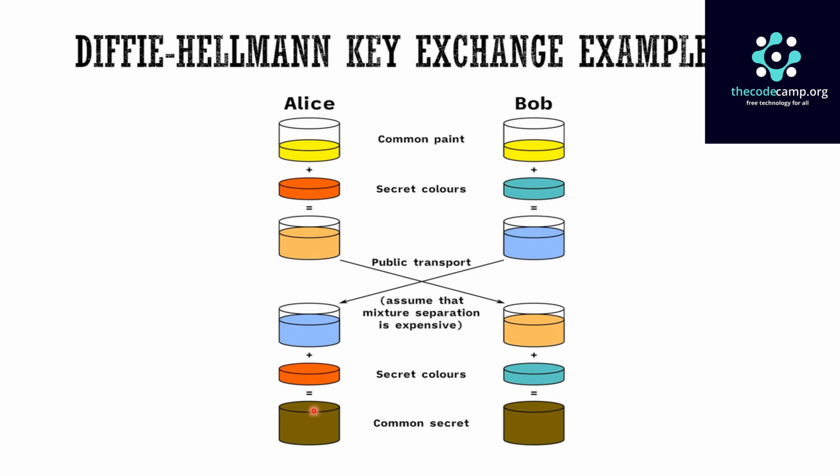And that is the common secret, the session key. And it gets destroyed when the session is over. So that gives you the idea of the Diffie-Hellman key exchange, which we use all the time. Now, typically what we'll do is we'll generate RSA keys. That's where those secret colors come from. But then we trade the public keys using the Diffie-Hellman mechanism.